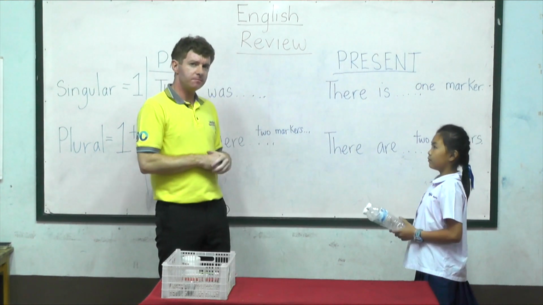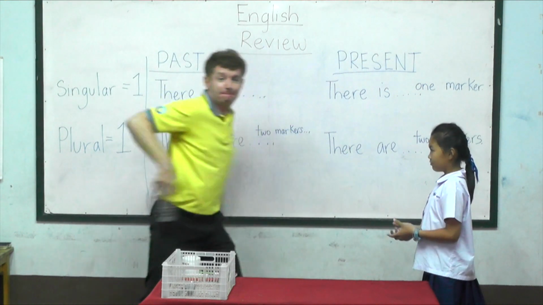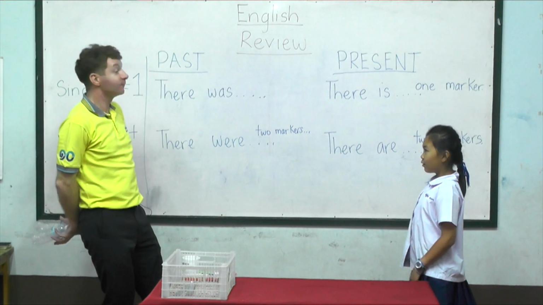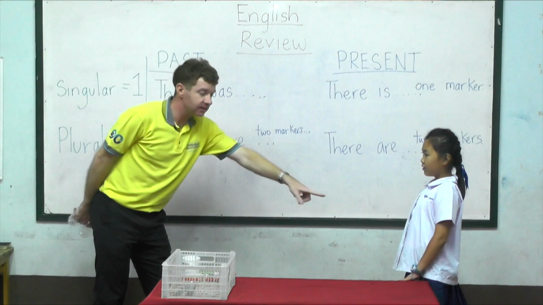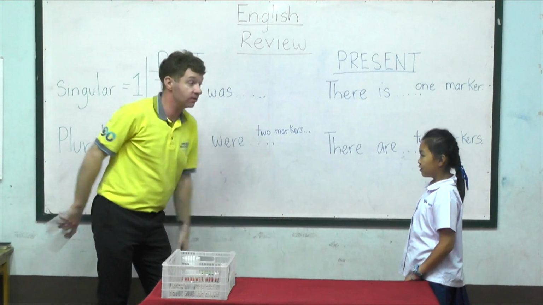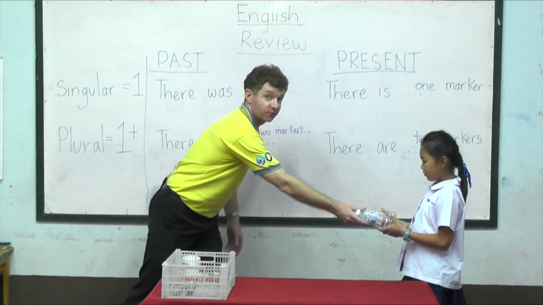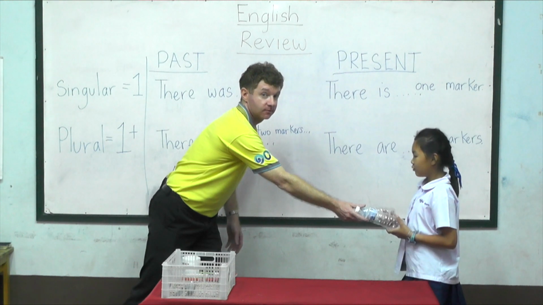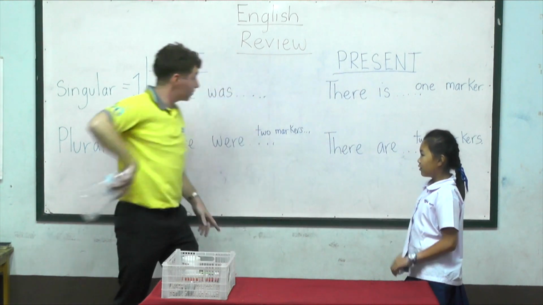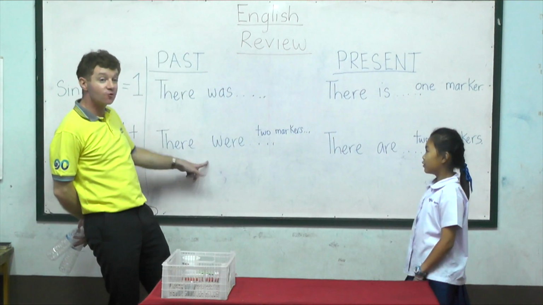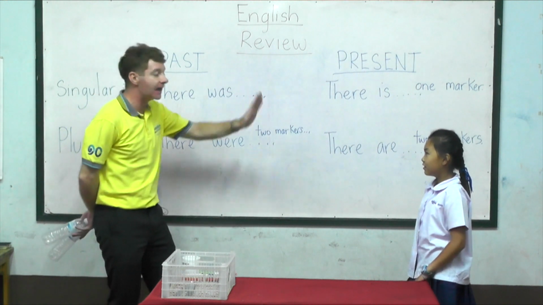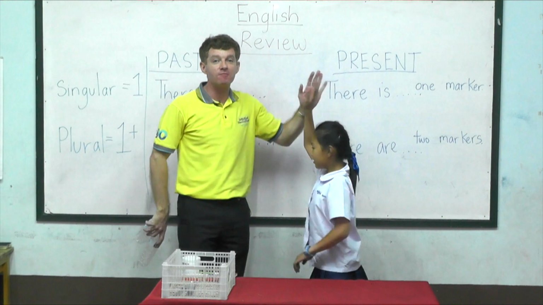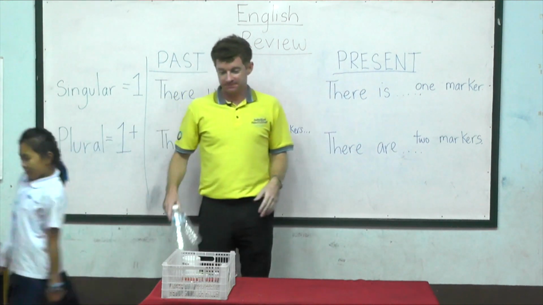But wait a minute, excuse me. There were 2 bottles. Nadia doesn't have them anymore. Present tense, there are 2 bottles. Past tense, there were 2 bottles. Nadia, excellent. High five, big round of applause for Nadia.